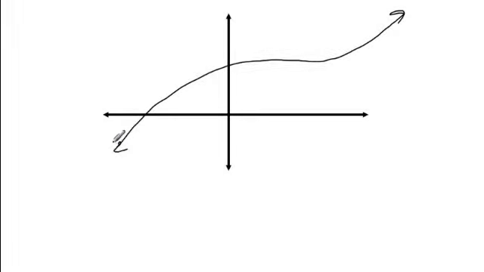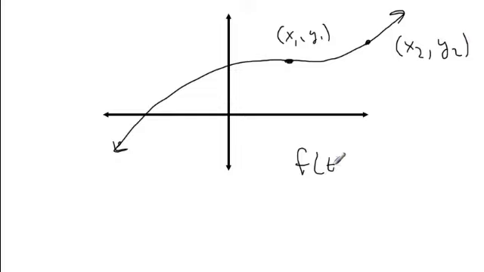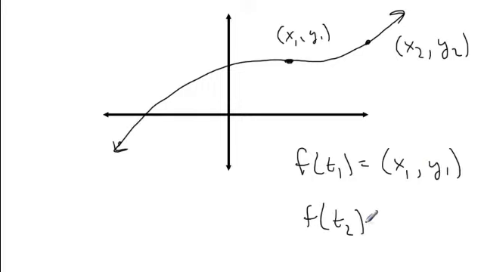Here I have just some sort of generic curve, and let's put a couple of points on it. We'll label this point x1, y1, and this point x2, y2. Our function f of t1 gives us x1, y1, and our function f of t2 gives us x2, y2. And that's what we mean by a vector function.